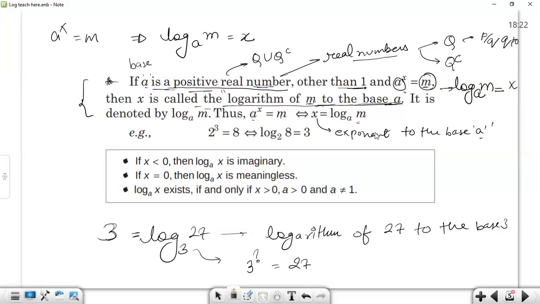Yes, sir. So let's now discuss this. If x is less than 0, if the power is zero, then logarithm of a x is imaginary. So this is not in context to the given condition. Let's discuss it on the next page because it will only confuse you.